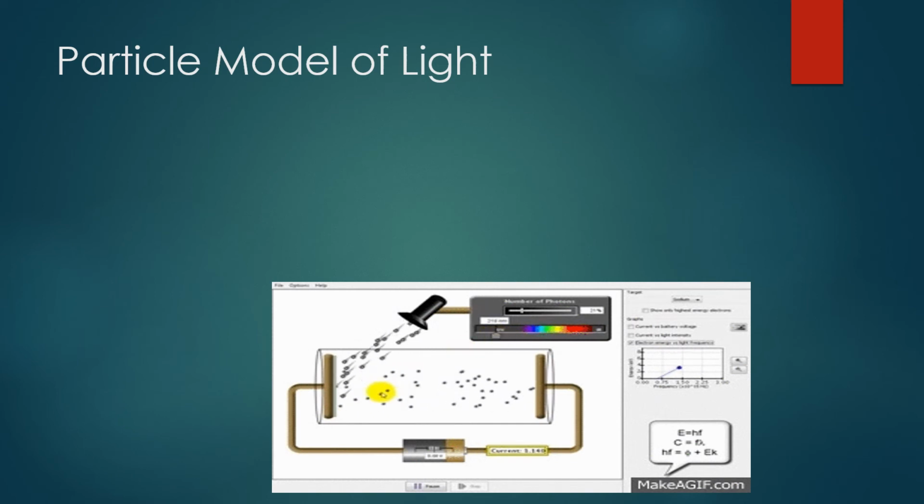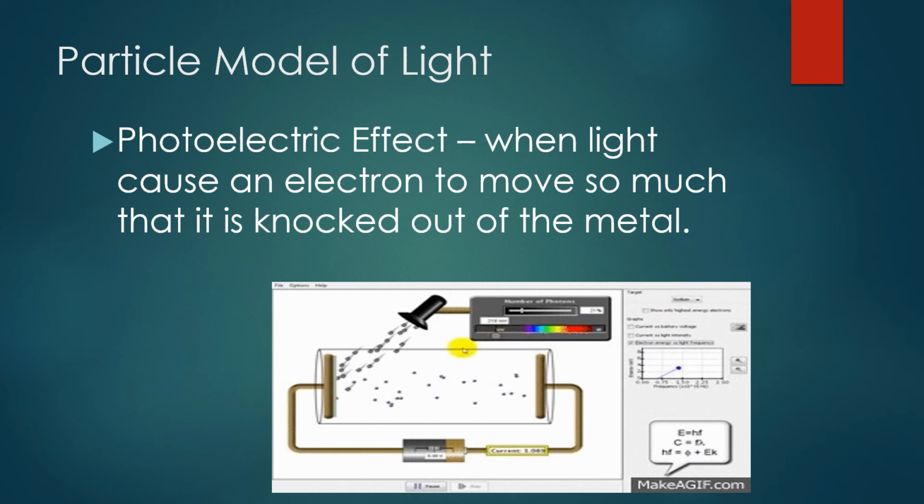This is called the photoelectric effect. This effect can be explained by thinking of light as a stream of tiny packets or particles of energy. Each packet of light energy is called a photon. For the effect to occur, each photon must contain enough energy to knock an electron free from the metal.